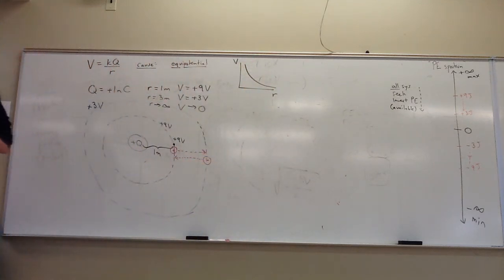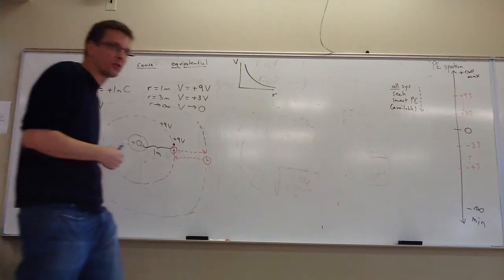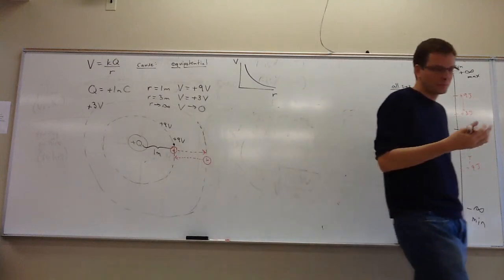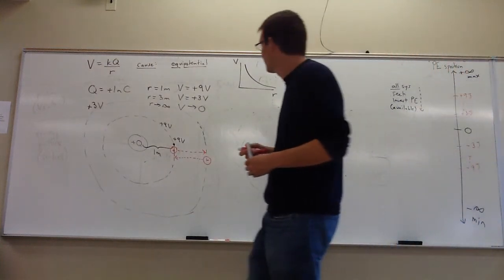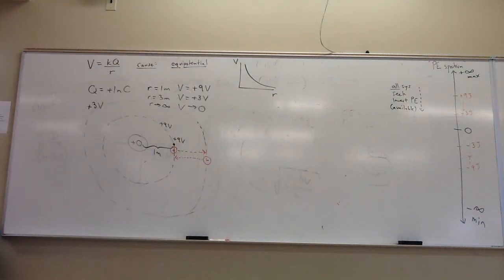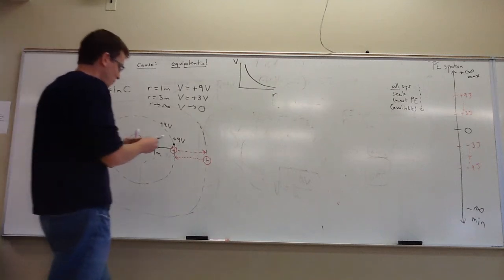And by the way, it is not linear because this is a 1 over R function, right? So I kind of like to think of that as like a hill, okay? So just like a roller coaster or a slide might set up a hill, we think of other positive charges.